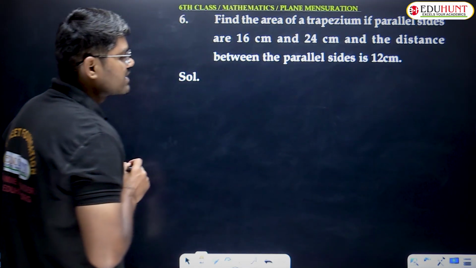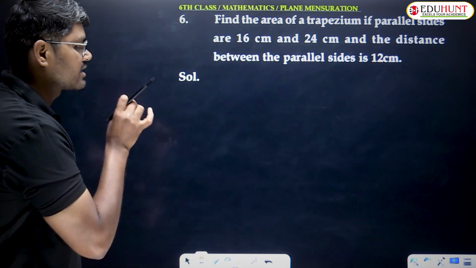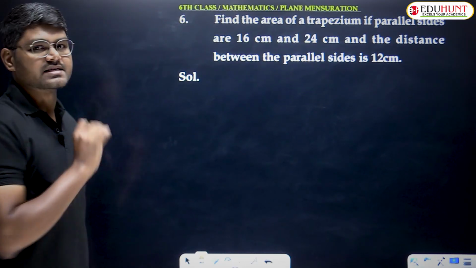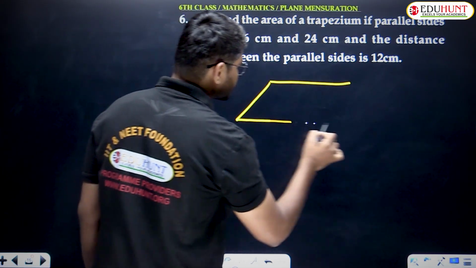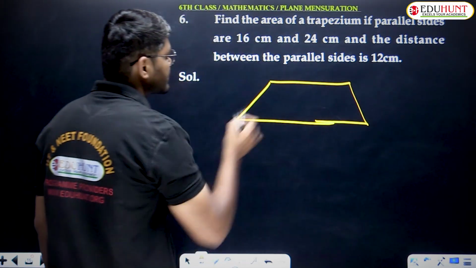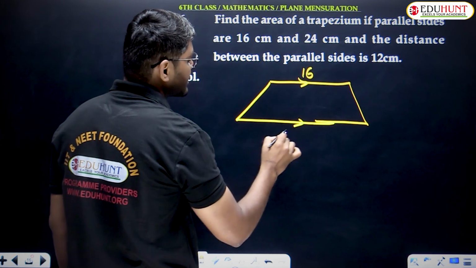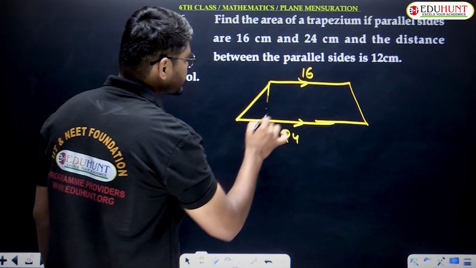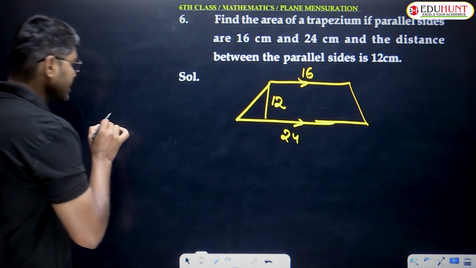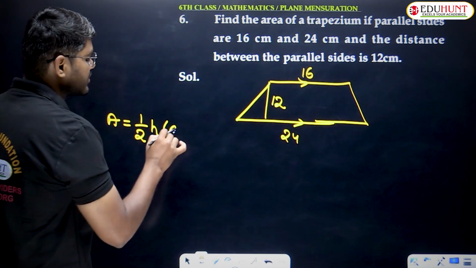Find the area of a trapezium if parallel sides are 16 centimeter and 24 centimeter and distance between the parallel sides is 12 centimeter. This is a trapezium. These are parallel sides. This is 16 centimeter and this is 24 centimeter and distance between the parallel sides is 12. So area of a trapezium is equal to half h into a plus b.